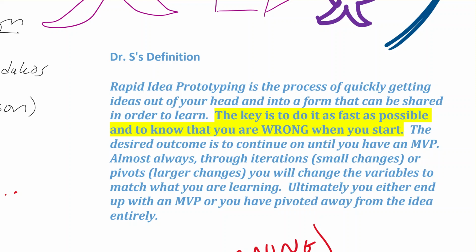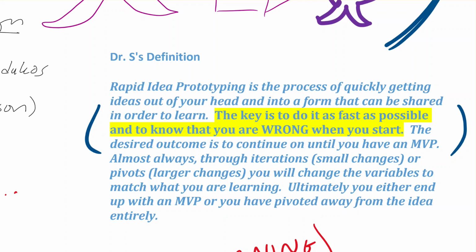You're quickly getting it out of your head, but the key is, as I say here in the highlighted part, do it as fast as possible and know that you're probably almost always wrong in the beginning. The whole idea is that you're working fast to try to dial in what you actually think you know until ultimately you can create a minimum viable product.